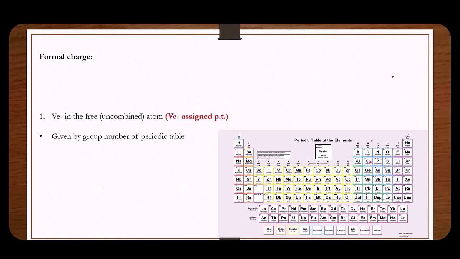So if we had carbon, it would be in group 4A, so it would have 4 valence electrons. Nitrogen would be in 5A, so it would have 5 valence electrons. Oxygen would be in 6A, so it would have 6 valence electrons, and so on. So the valence electrons of a free atom simply means the atom by itself that is not combined with another atom. We can find that by pulling up a periodic table and seeing what group it's in.